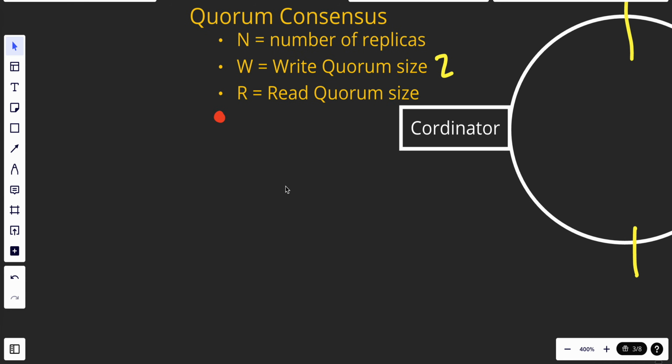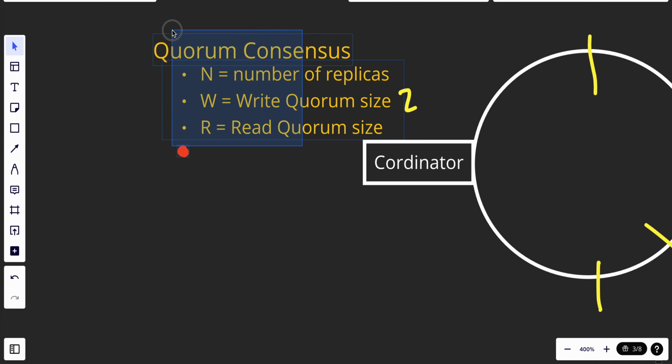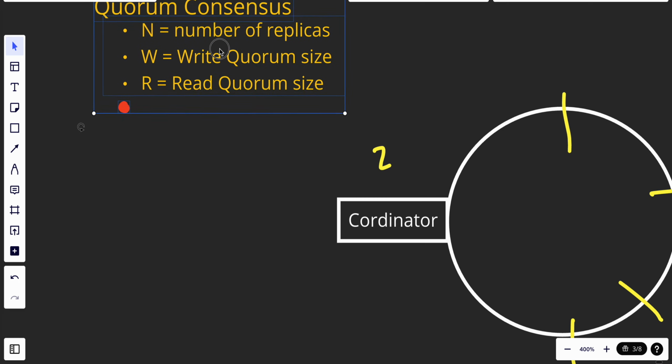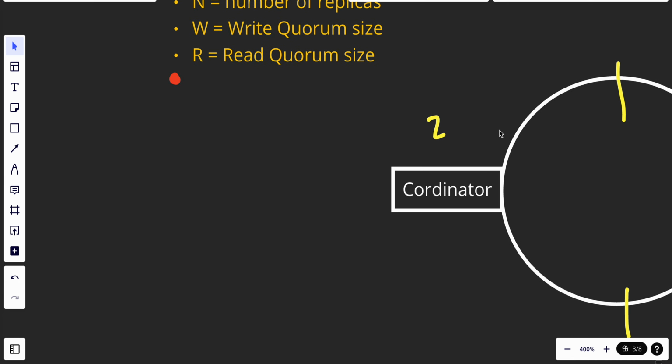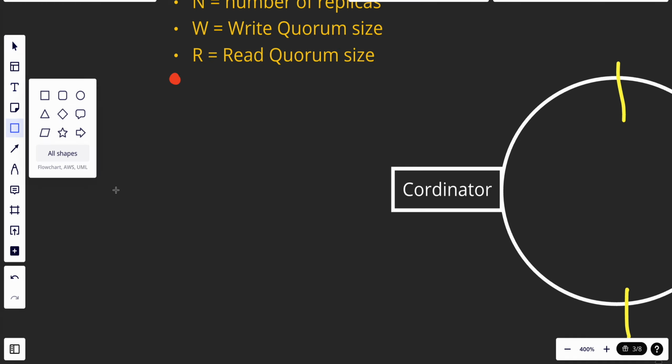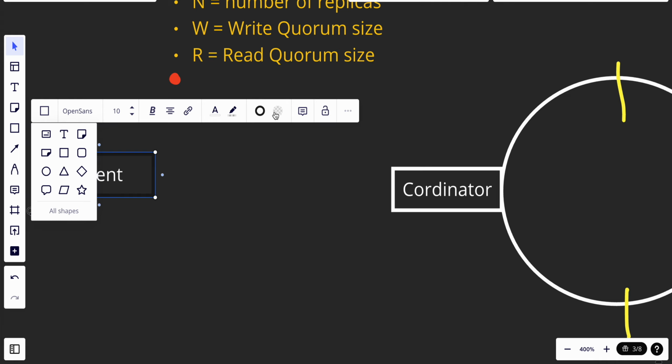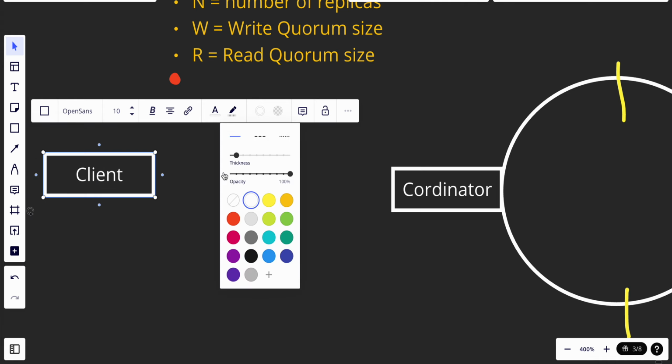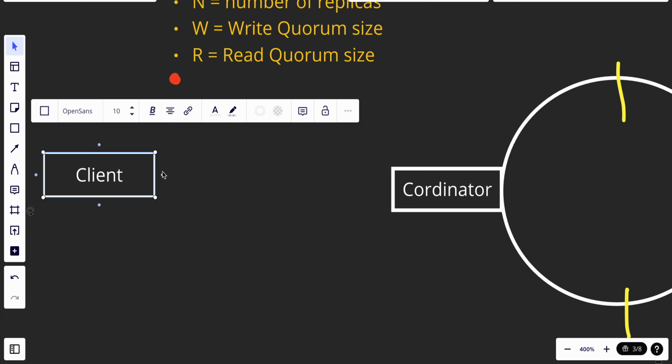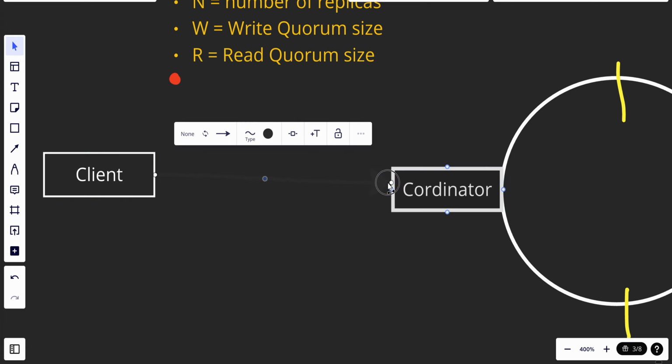And let's take these things and put them here, and let's say that this is the client, another one here, and I want to make this one white too. Okay, and let's say the client is sending a request to the coordinator.